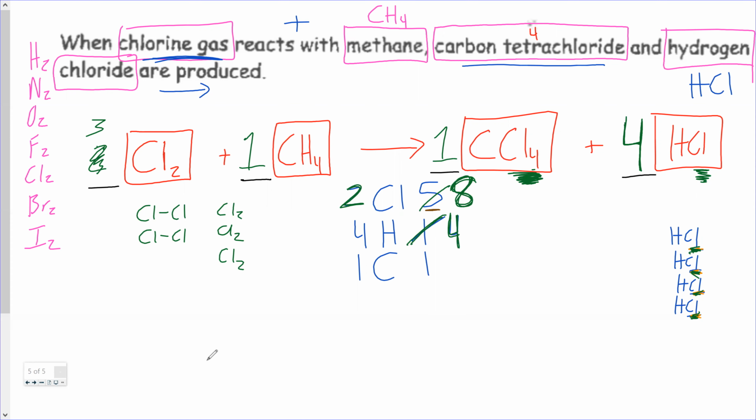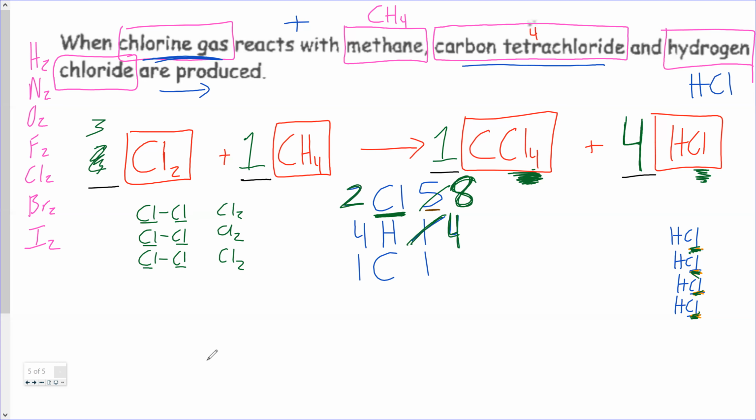How many Cls is that at this point? That's 6 total. Everybody see how it's 6 total? Because Cl2 is a twin, so there's 1, 2, 3, 4, 5, 6 chlorines. I'm just counting chlorines individually, even though it comes as a twin.